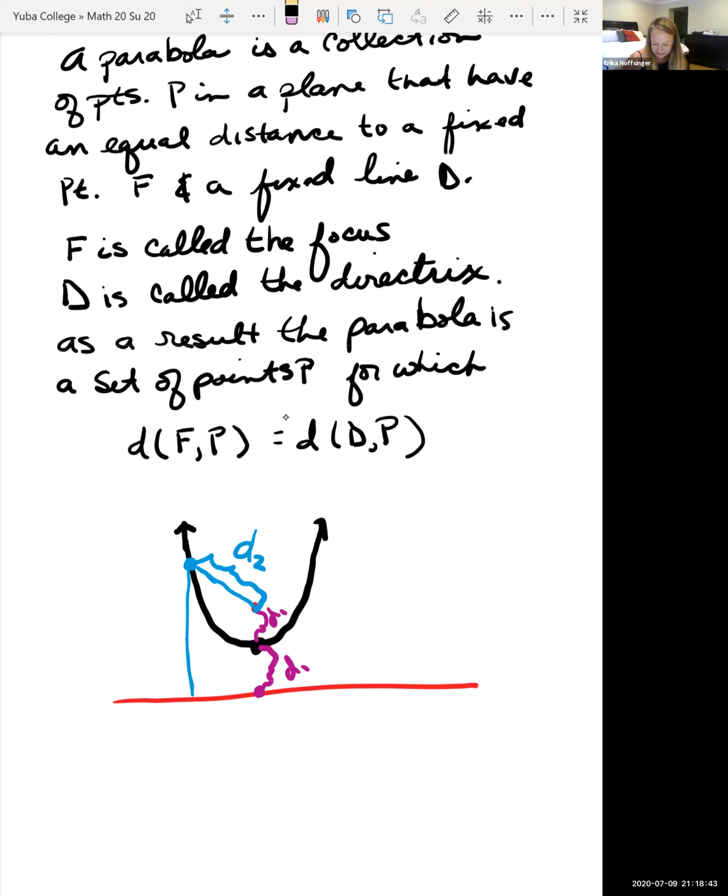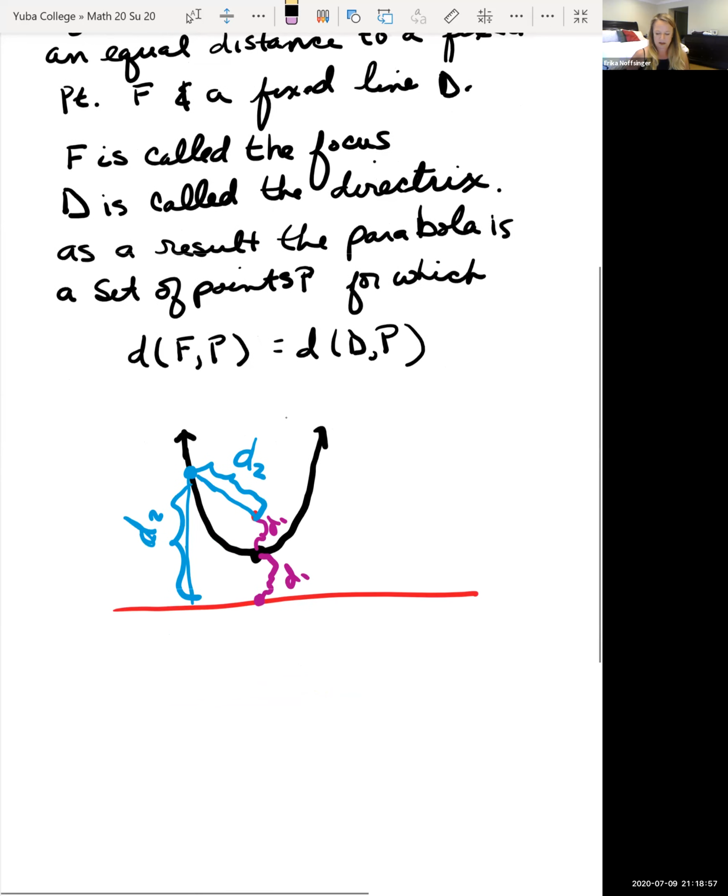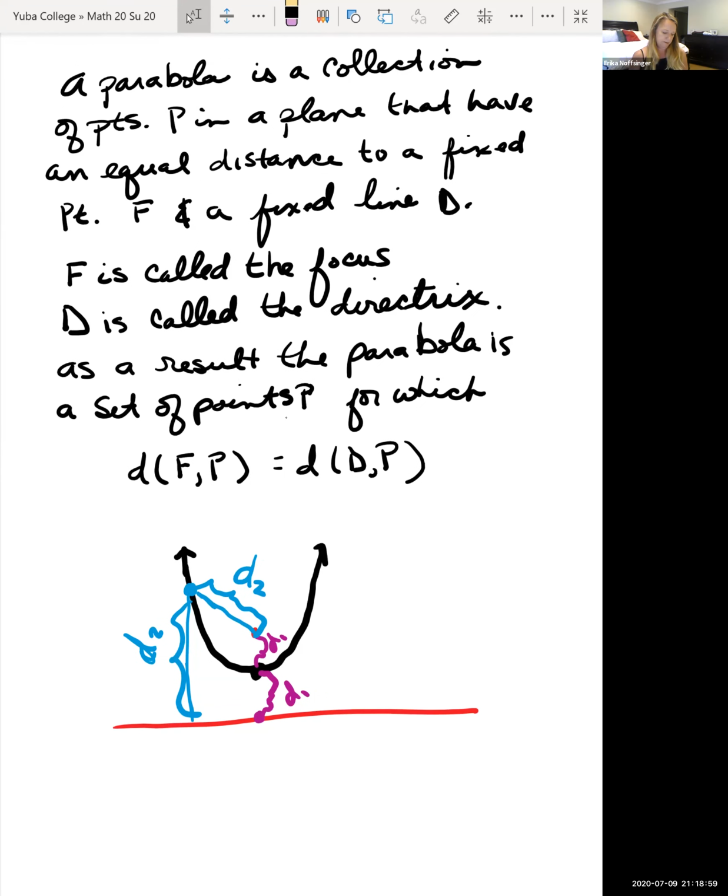So I'm already off with my picture. This has to be the same distance as d sub 2 here.